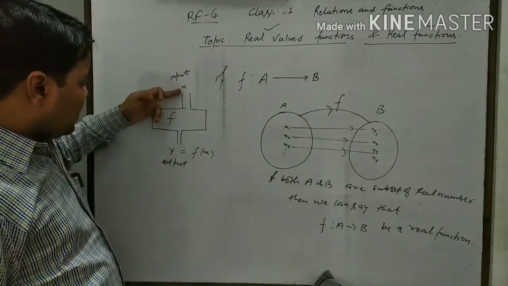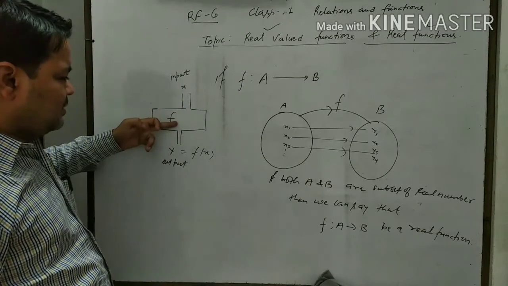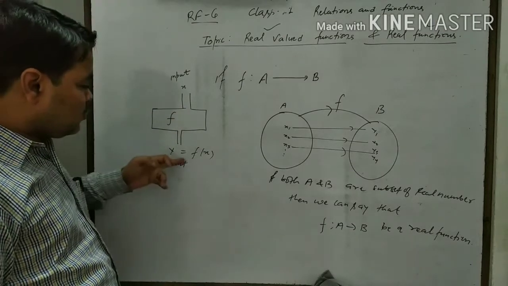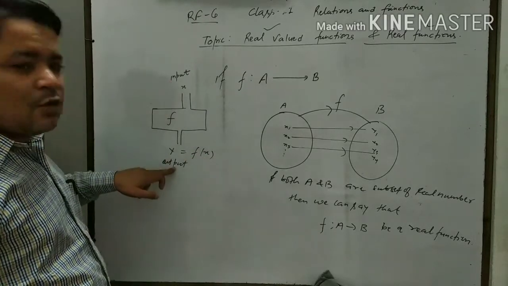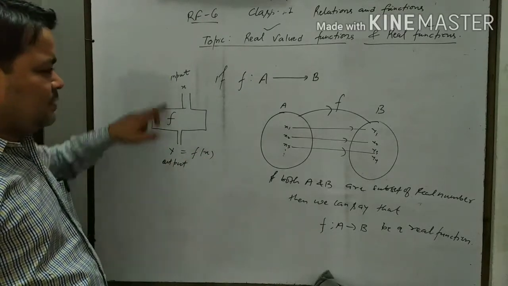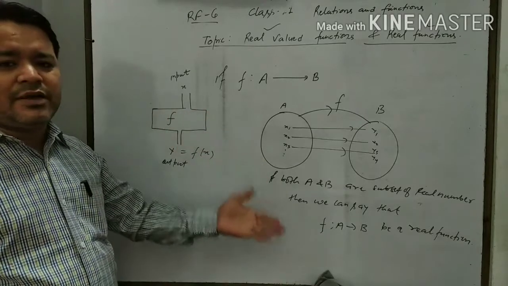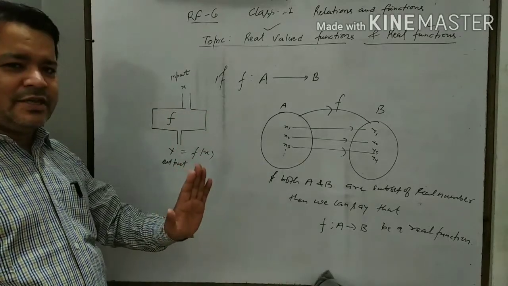The input after passing through the machine f gives the output f of x. If the input and output both are real numbers, then it will be a real function. Get it? I think it's clear now.